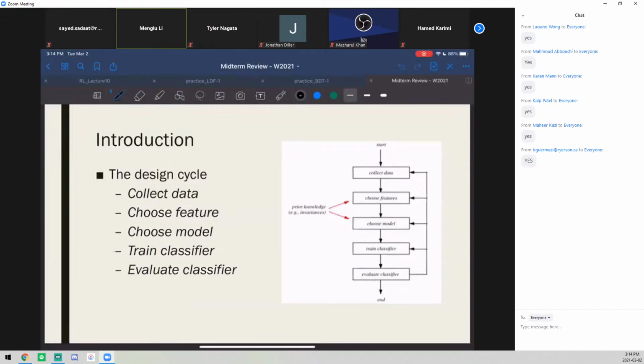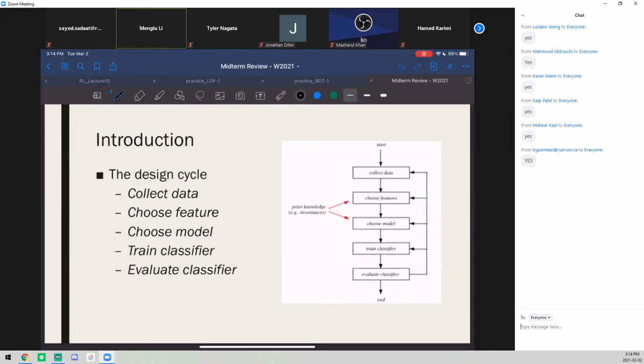This course also introduces a design cycle, which consists of 5 steps: collect data, choose features, choose models, train classifier, and evaluate classifier. The second and the third steps require prior knowledge to make a good choice of features and models.